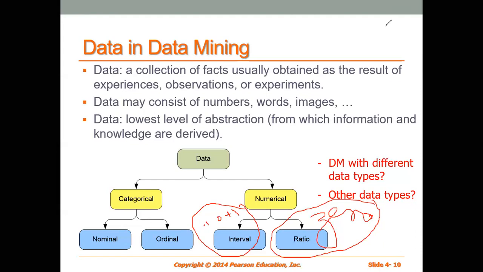SAT score. Is the SAT score interval or ratio, Sarah? It's interval. So can a person have a negative score, minus 3?